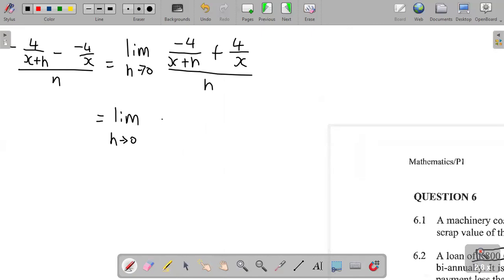So it's going to be x into x plus h, then negative 4x plus 4x, and then plus 4h, and then all over h.